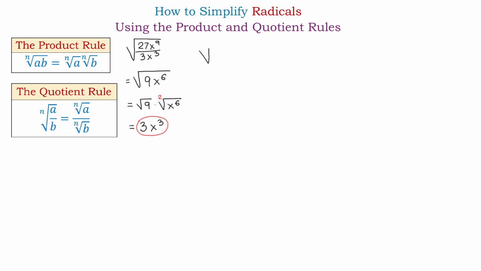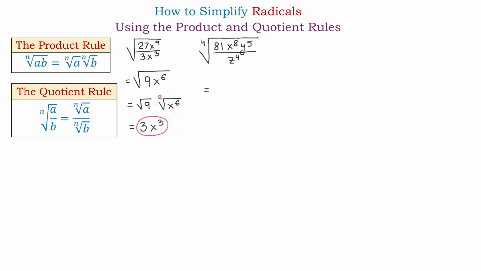In the next example, we will simplify the fourth root of 81 x to the 8th power y to the 5th over z to the 4th. There is nothing to simplify inside this fraction, so then we will apply the quotient rule.